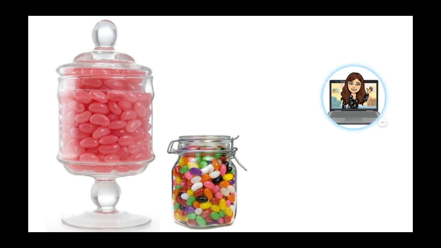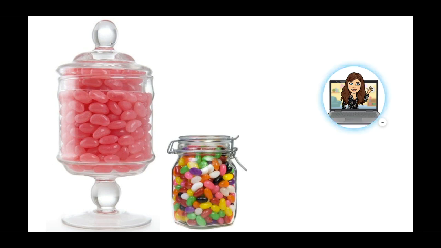All right, friends. These containers of jelly beans are both full. Tell me, which do you think has the bigger capacity? The large container with pink beans or the smaller container with rainbow beans? That's right, Cable Cubs. The jar of pink jelly beans has more capacity, so it holds more because it is larger in size. So what would we say about the rainbow jar of jelly beans, Cable Cubs?